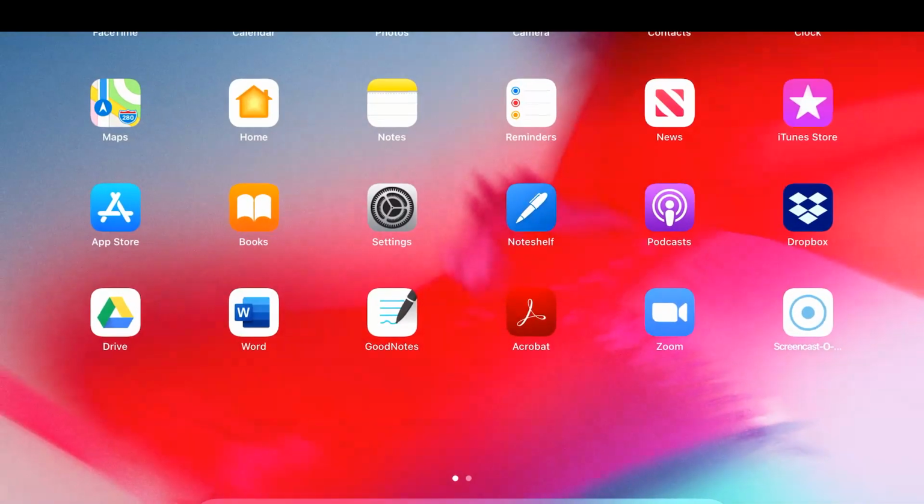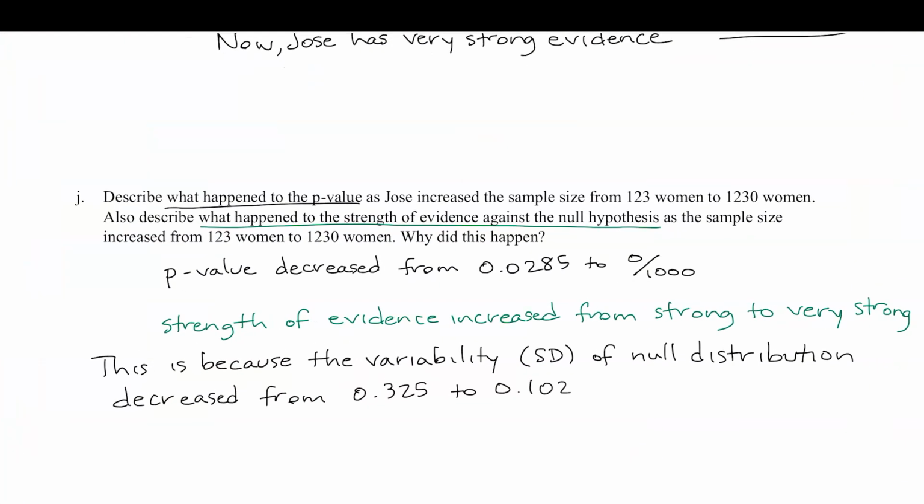Was it exactly 0.1? I'm anally retentive. I've got to go check. 0.102. Doesn't really matter. I just had to do that. The variability, the standard deviation of the null distribution, decreased from 0.325 to 0.102.